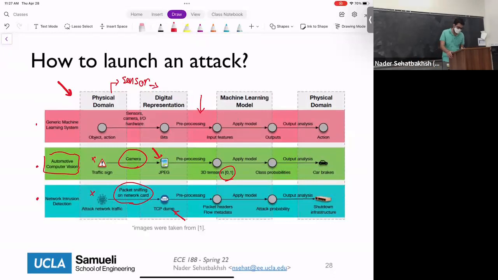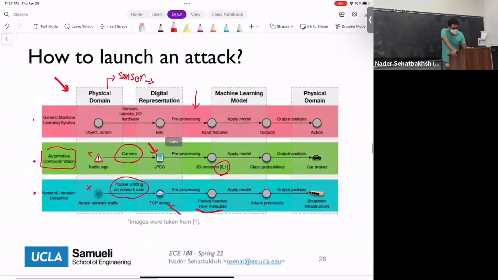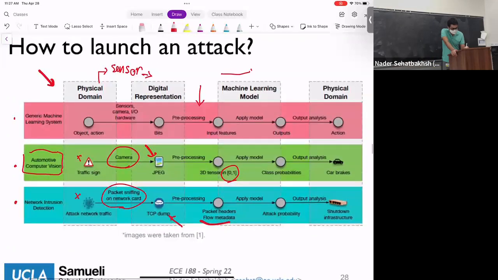For the network, maybe we just grab the headers of each sent and received packet instead of looking at the entire thing. And that's the beginning of our machine learning model. This is the input, or the X, for the machine learning model. This is where we apply the model, and this model typically is a deep neural network, a deep CNN.